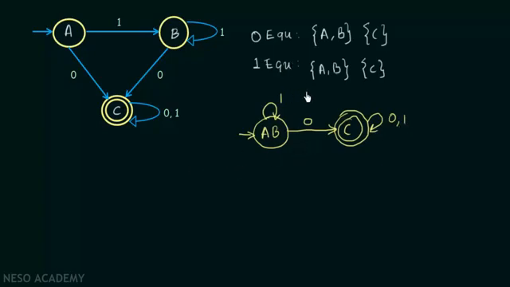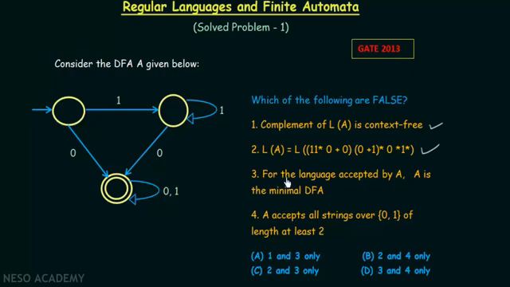When we applied the technique of minimization, we were able to minimize this DFA into 2 states. Initially it had 3 states, but we were able to minimize it further and design it using just 2 states. So what was our statement? Our statement said that for the language accepted by A, this is the minimal DFA.